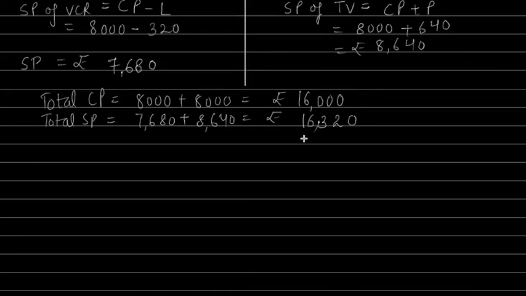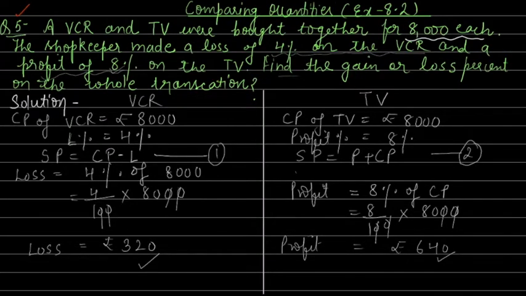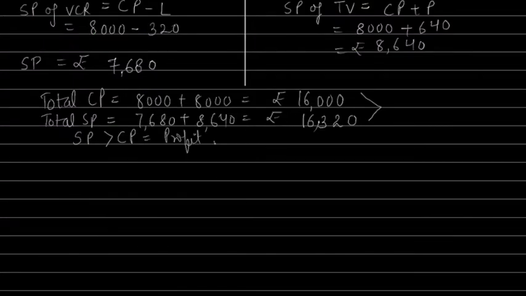If you compare total cost price with the total selling price, we can easily see that selling price is greater than cost price, so it's a clear profit, right? So in the question you have to calculate the gain or loss percent. So it's a profit, it's a gain, it means we need to calculate the gain percent. So what is the formula for gain percent?